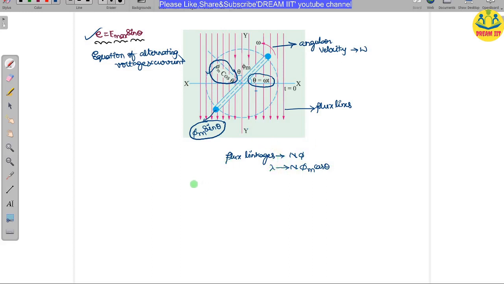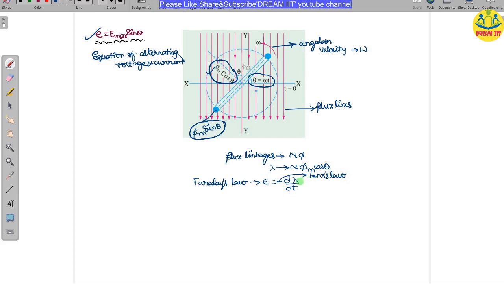According to Faraday's law, which I gave yesterday, the induced EMF is the negative of d lambda divided by dt. Why do we take this negative sign? It is due to Lenz's law.